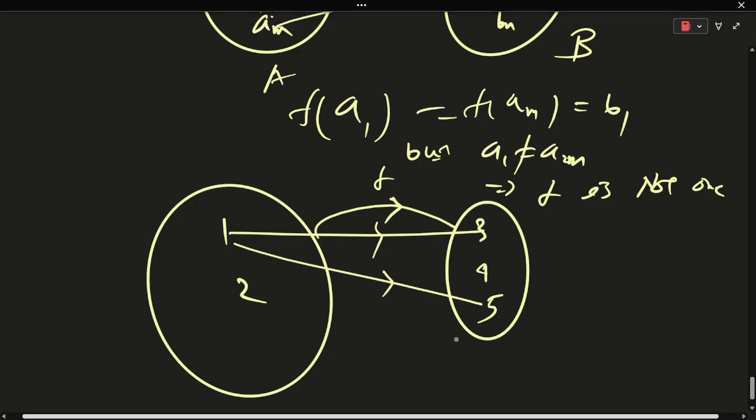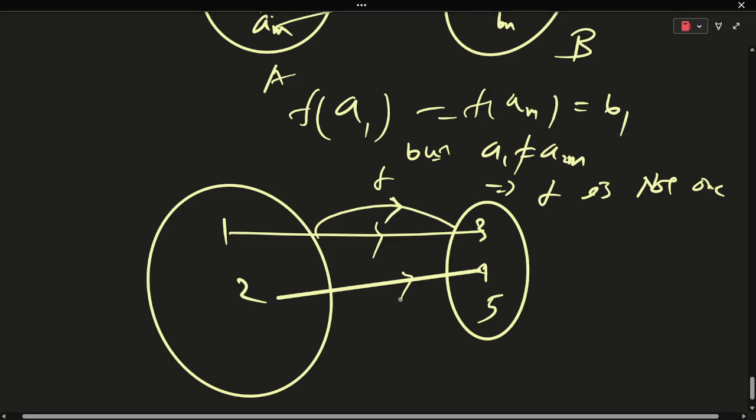One-one is a property of a function, one type of function, so if it is not a function, it cannot be one-one.